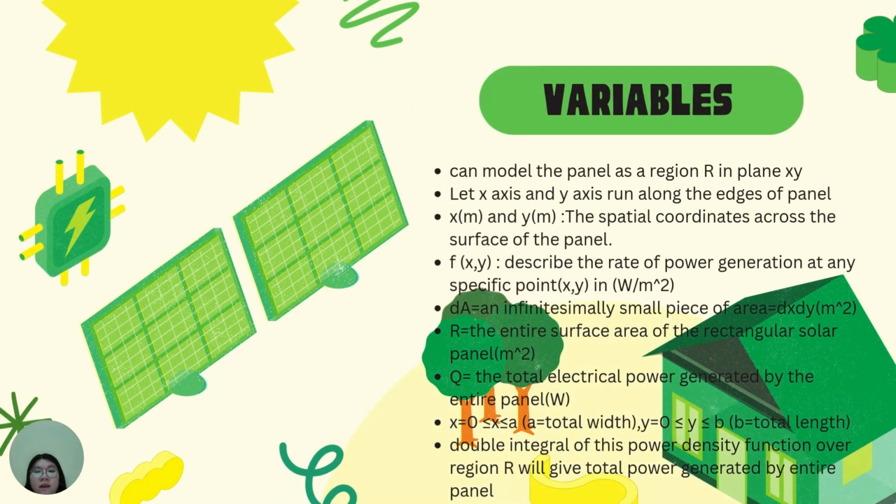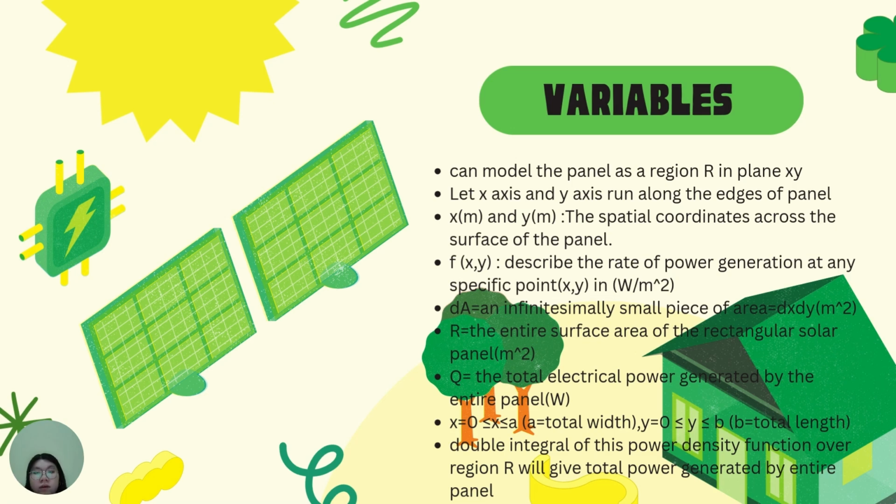There are a few variables that I want to identify. We can model the panel as a planar region R in the xy plane, so let the x and y axes run along the edges of the panel. (x,y) are the coordinates on the surface of the panel, and f(x,y) describes the rate of power generation at any specific point (x,y) in units of watts per meter squared.